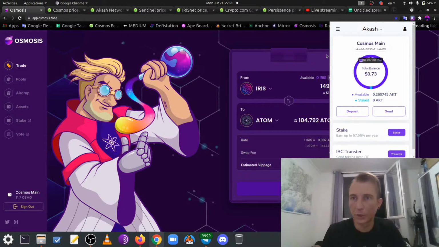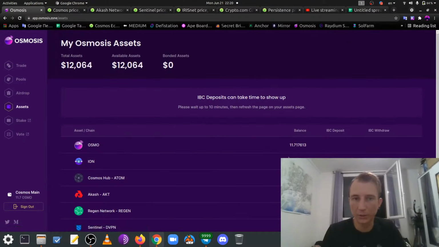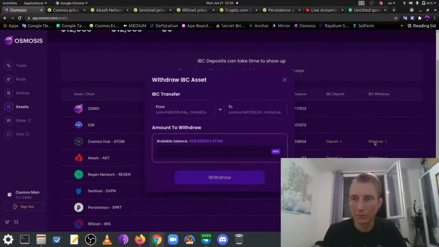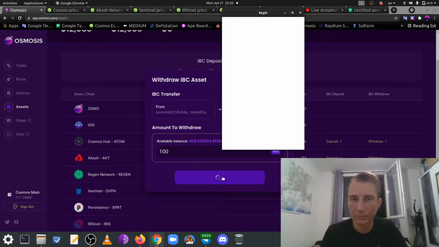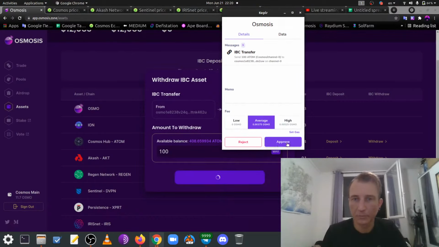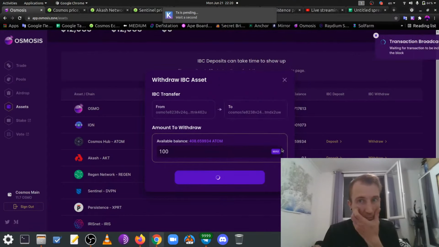So we go to the assets, click on the withdraw 100 atoms. Approve.